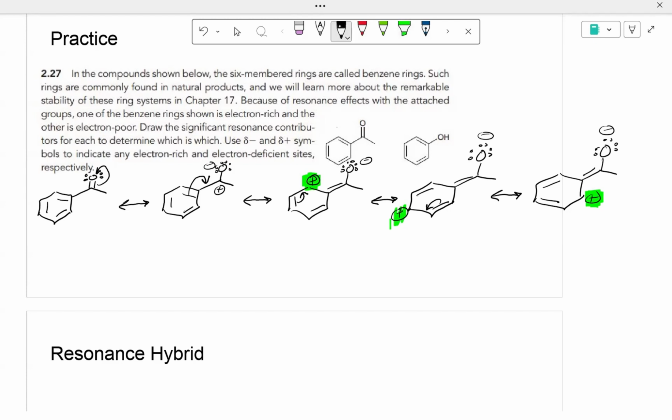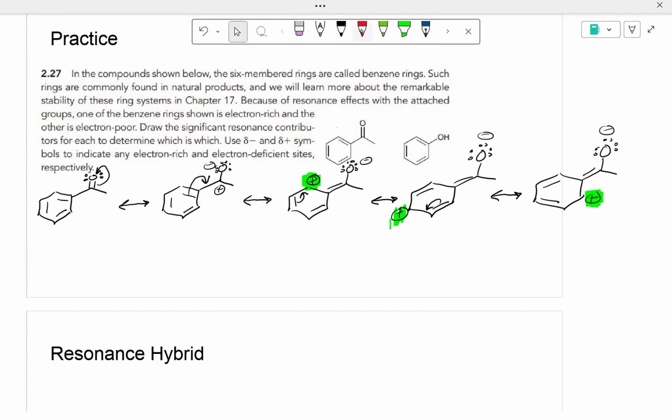Now, what I want you to look at is where those plus charges are that I highlighted. When you have those regions of positive character, that implies that the benzene ring is going to be electron poor, or electron deficient.